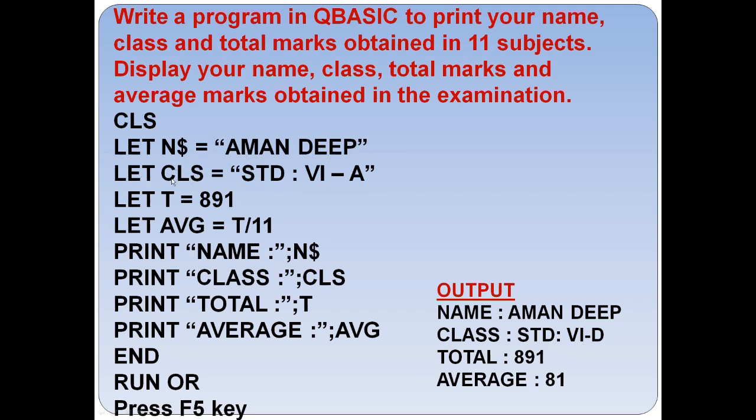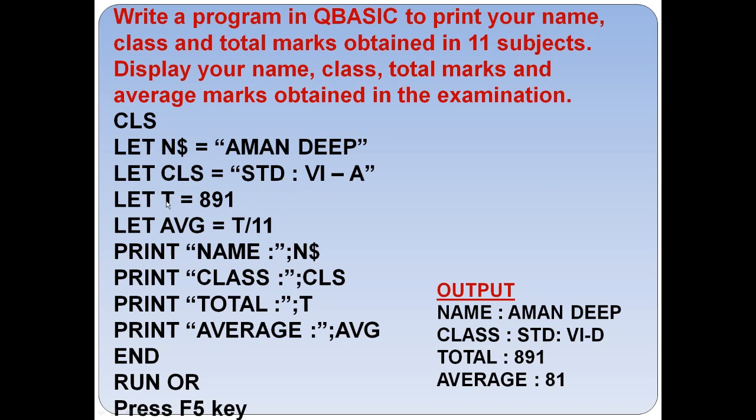Then LET CLS. This CLS we are using for class. The CLS that means clear screen is different, but when CLS is followed by the LET command, it is used for class. Equal to "6A". Whichever class you want, you write that class in the double quotes.